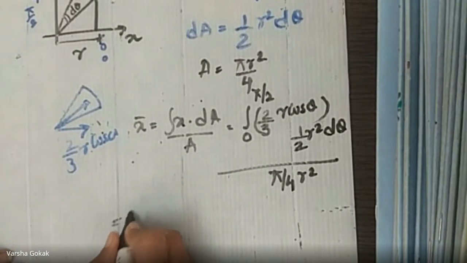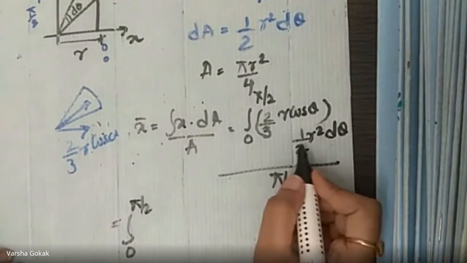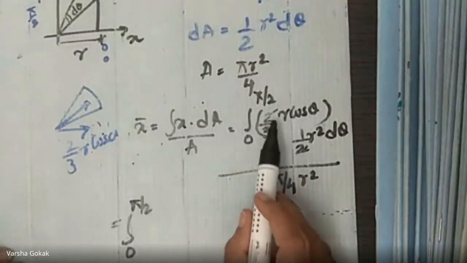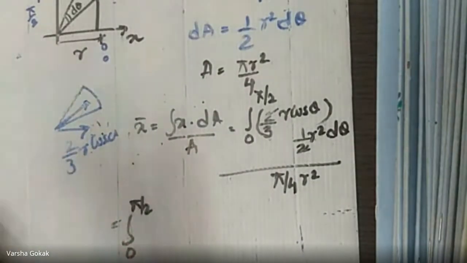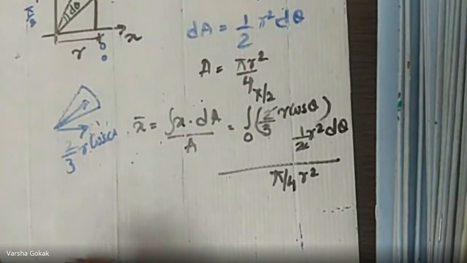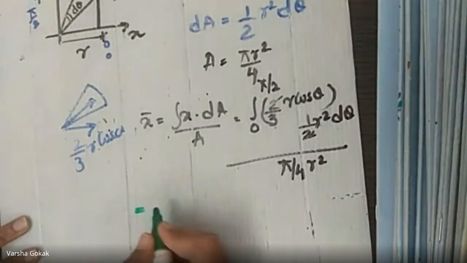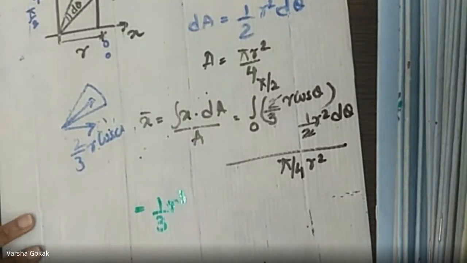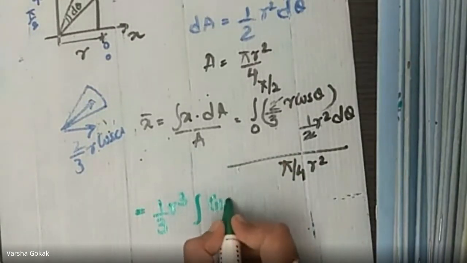Now let us open the brackets and solve this. This is 0 to pi by 2. This 2 goes with this 2, and we are left with 1/3 r cube. So I can take 1/3 and r cube outside the integration because it is constant. I am left with cos theta, right?